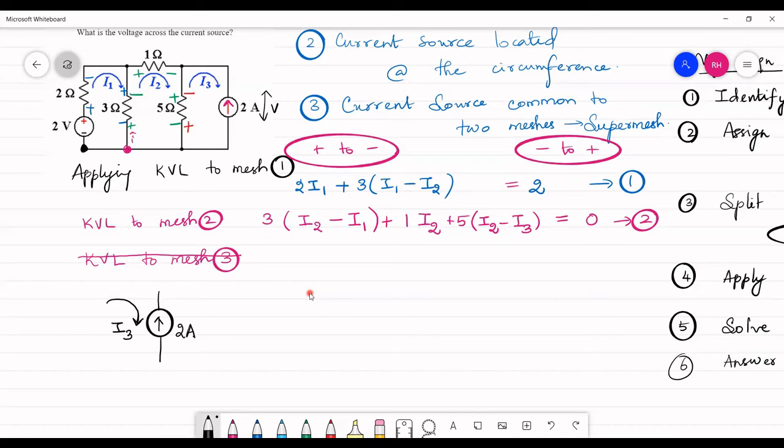That is true, and again I say 2 ampere current is coming out of this current source. That's also true. So if you have to relate these two, then you could say that I3 is equal to minus 2 ampere. So that's going to be our third equation.